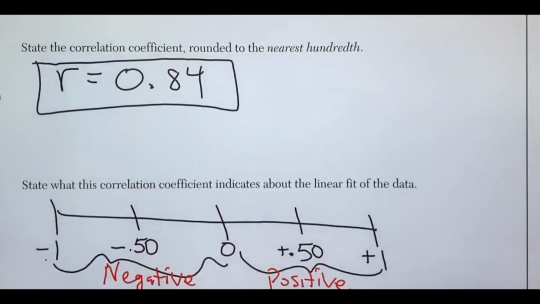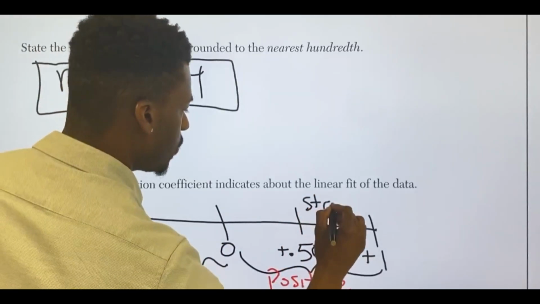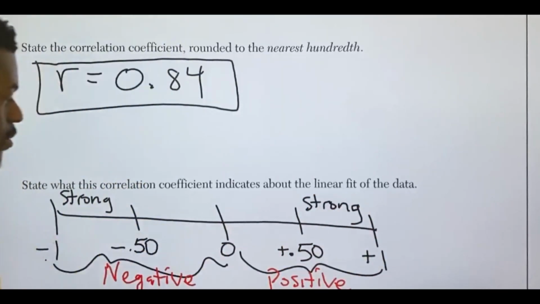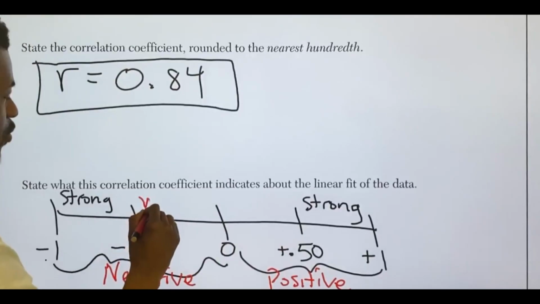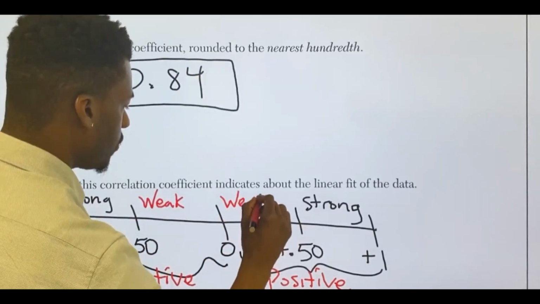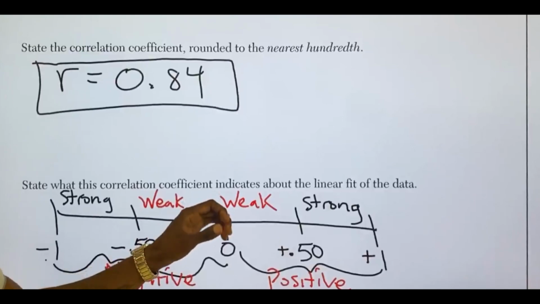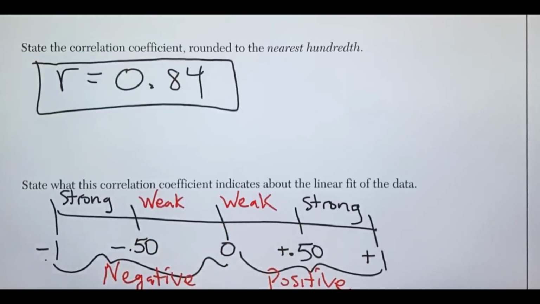Anything on the inside is considered weak. All right? So we're going to say this is strong and this is strong. This on the inside is weak and this is weak. This is the chart that you use for the correlation coefficient and finding out the strength and is it positive or negative.